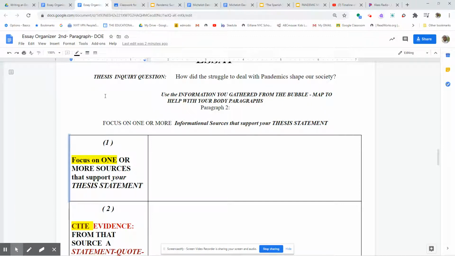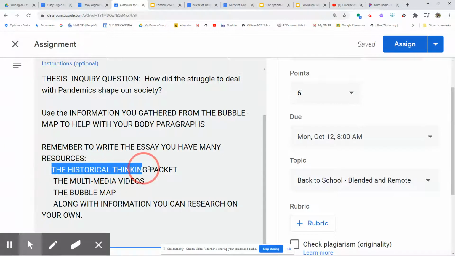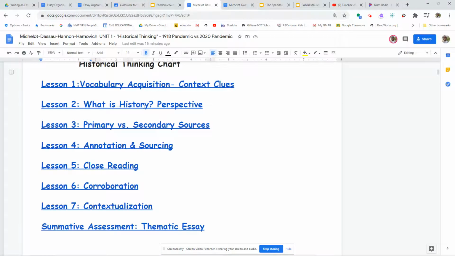Now, remember, in terms of this whole activity to write your essay, you have multiple resources. You have the historical thinking packet, which is right here. Everybody knows all the table of contents, all the information, all the articles and documents that we looked at.